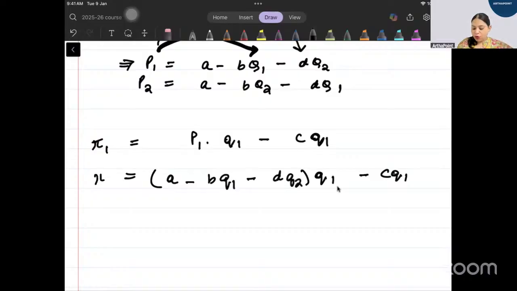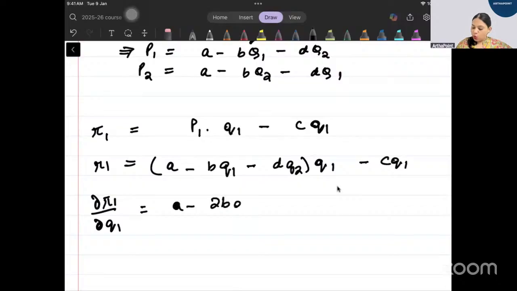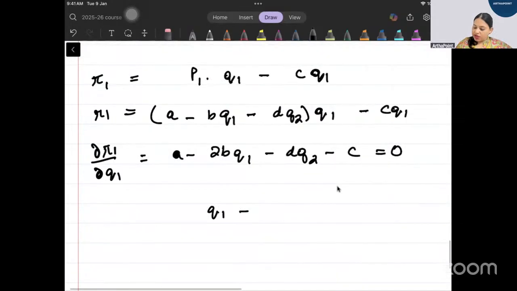This will be the profit function of firm one, right? So now if I differentiate this with respect to Q1, I'll get A minus 2BQ1 minus DQ2 minus C equal to 0. So I will get Q1 equal to A minus DQ2 minus C by 2.